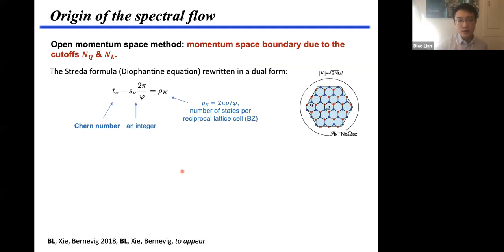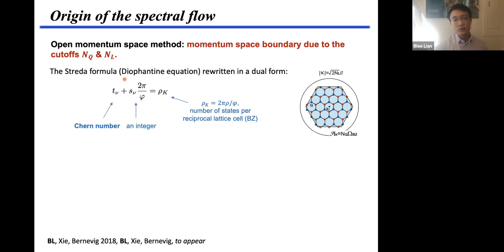Similarly, in the open momentum space method here, as we already commented, there's a momentum space open boundary due to the cutoff N_q and N_l. As a result, what controls the spectral flow is the momentum space dual of the Streda formula.